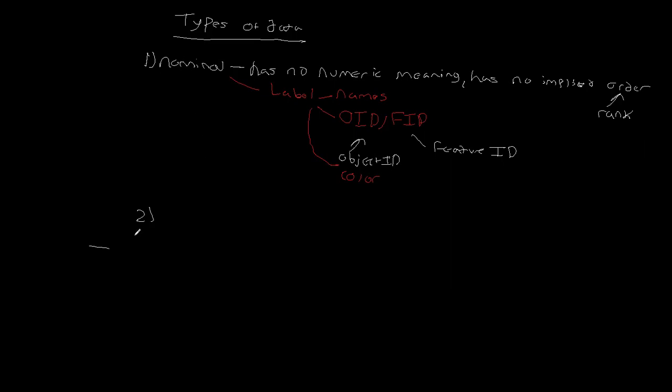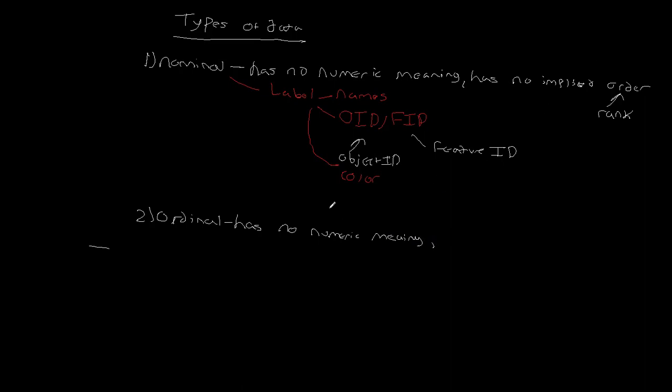The next level up from nominal is what's called ordinal. So ordinal is similar to nominal in that it has no numeric meaning, right?